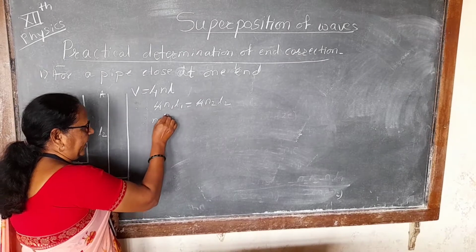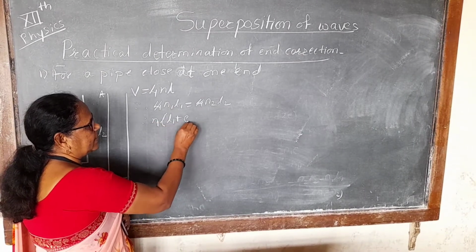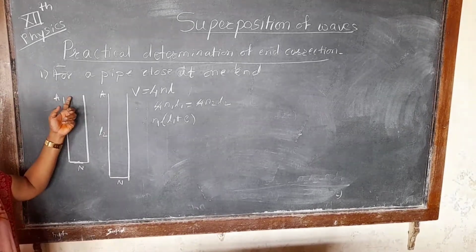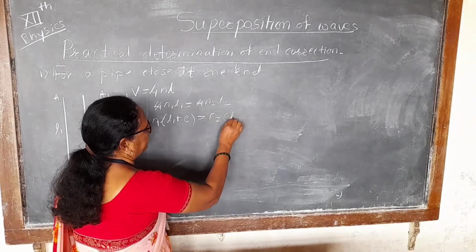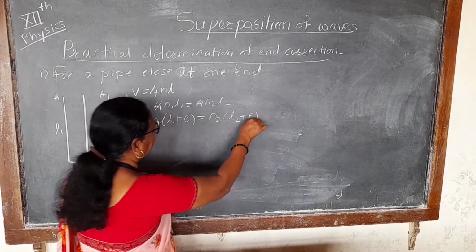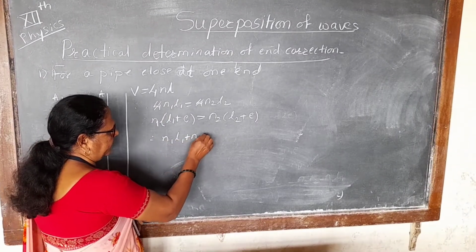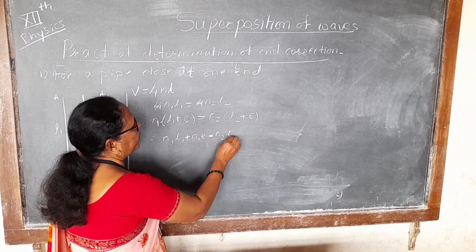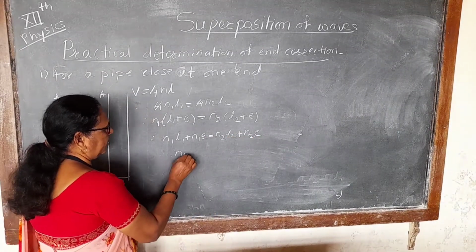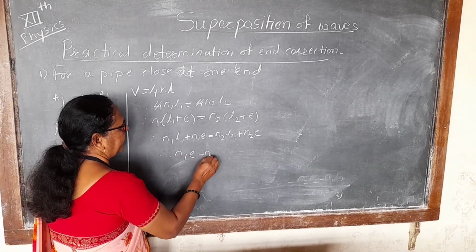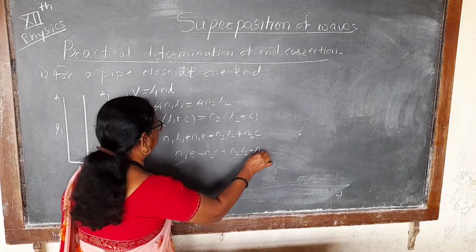Now here L1 is replaced by L1 plus E, E for only one end, and here N2 into bracket L2 plus E. Again expand: N1 L1 plus N1 E equals N2 L2 plus N2 E. Shift the terms: N1 E minus N2 E is equal to N2 L2 minus N1 L1.